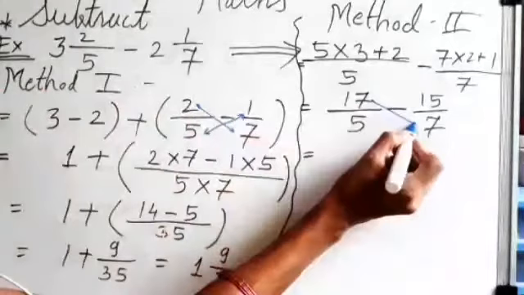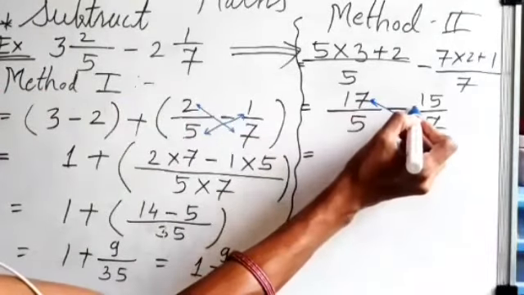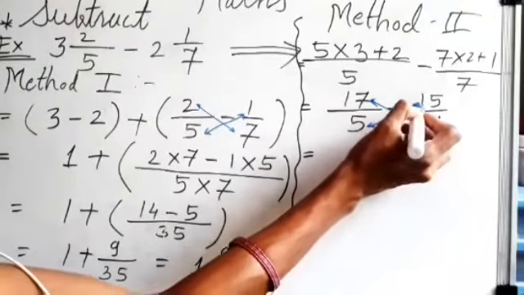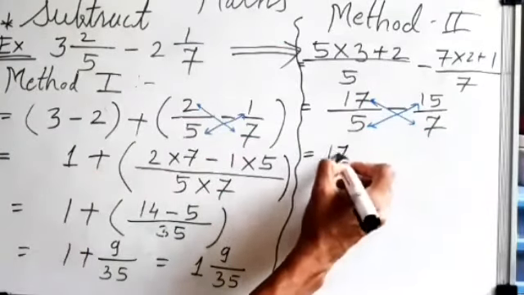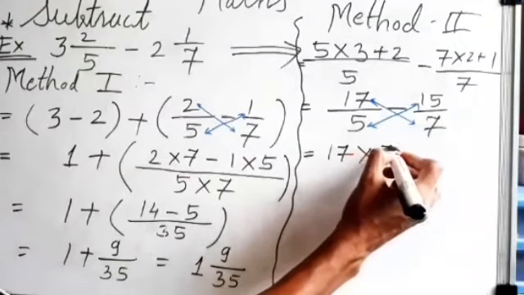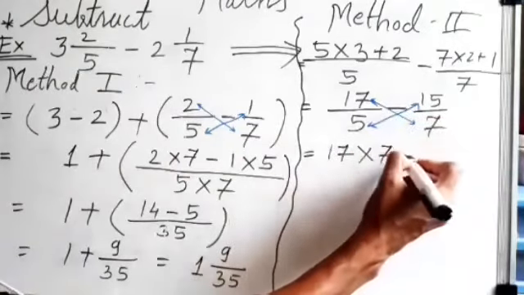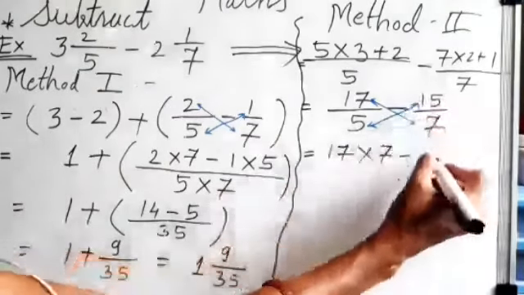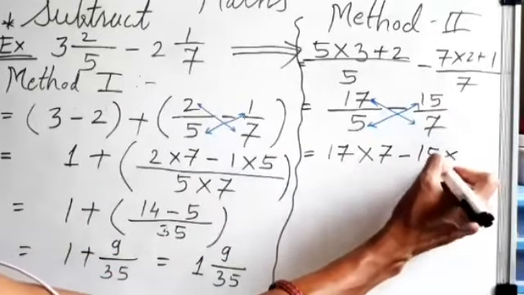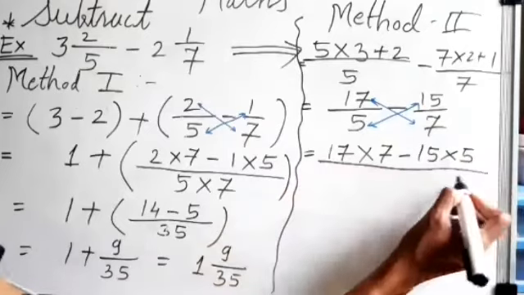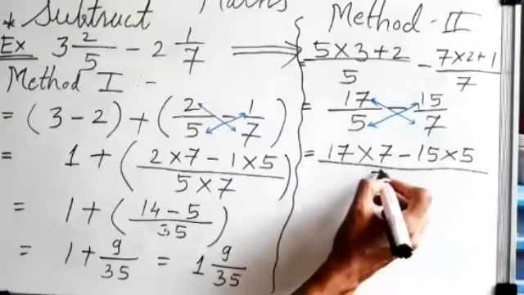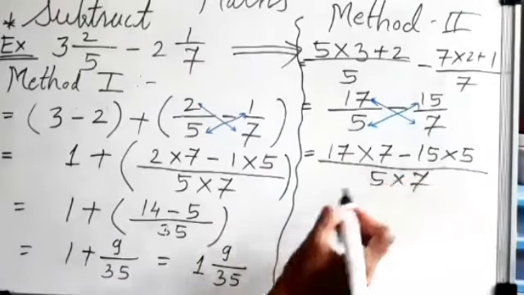So 17 you have to multiply with this 7, 15 you have to multiply with this 5. So what will come for the numerator? 17 multiplied by 7, this minus sign will come in between, then this numerator 15 multiplied by this 5, and the denominator will be 5 multiplied by 7.